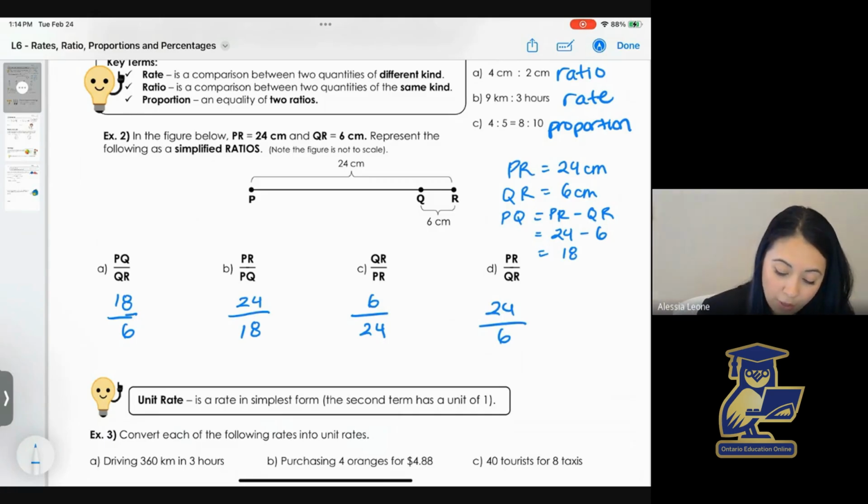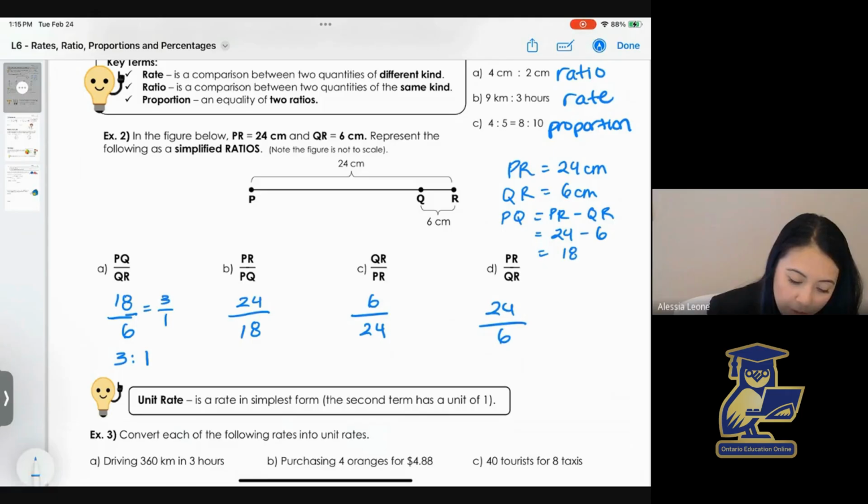We can go and write it in a different format. So 18 over 6 can simplify to 3 over 1. So our final answer, written as a ratio, would be 3:1. 24 over 18 can get simplified to 4 over 3.